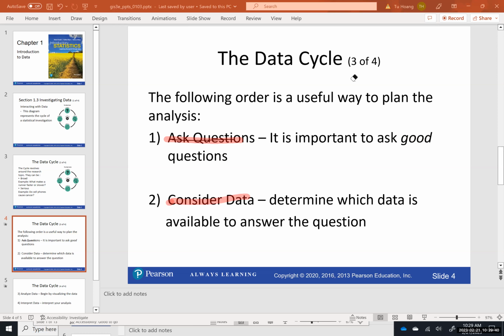So as you see from the first one, we ask a good question, like a research question that we can manage, that we can do, not a question that we have no idea how to do, you know what I mean? Like I said, a good question is such as, what is the average age of merit student in 2023, something like that.